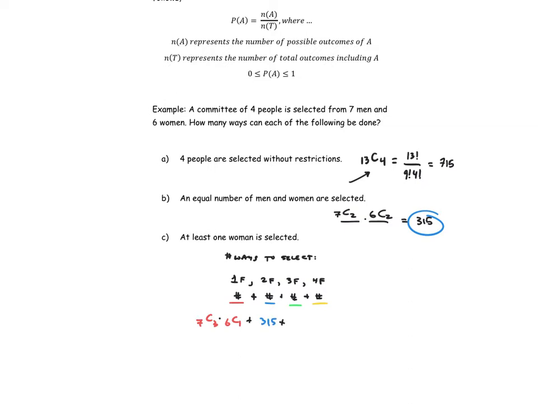Our green answer is going to be 7C1 times 6C3. And our yellow answer will be 7C0, which will be 1, times 6C4. All right, I'll come back with an answer here in just a moment.